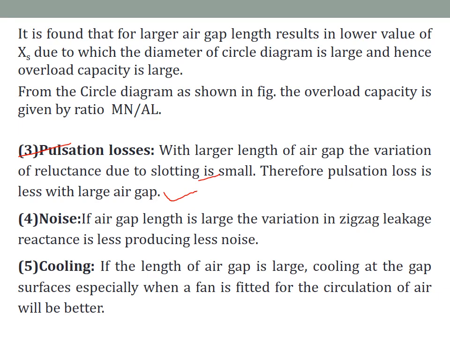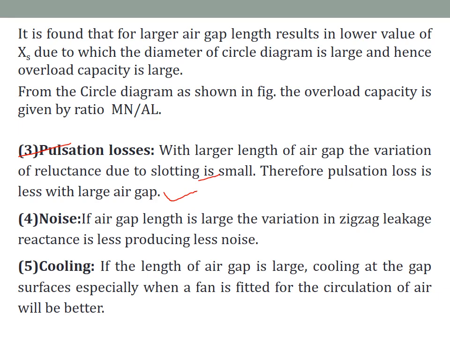If the air gap is large, what happens? The reluctance variation in the air gap due to slotting is small. If that variation is small, the flux pulsation variation will also be minimum. Because of that, flux pulsation losses will reduce.